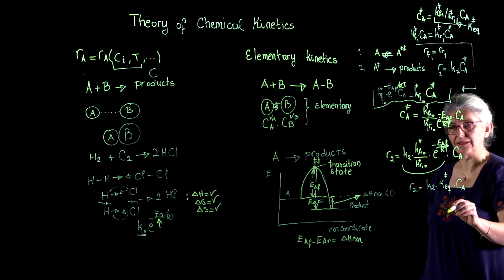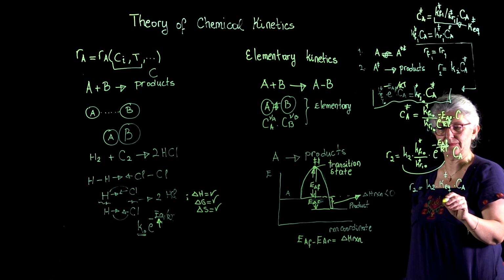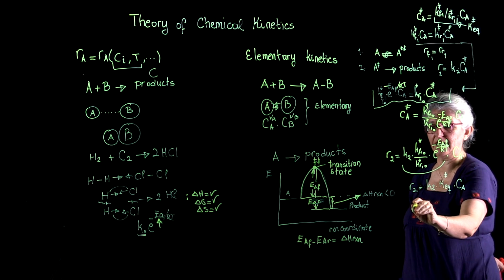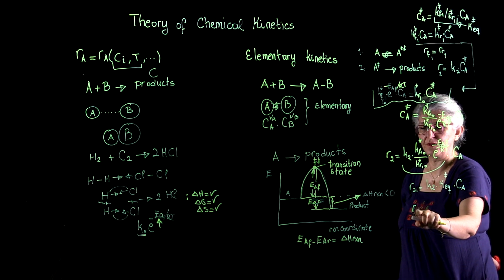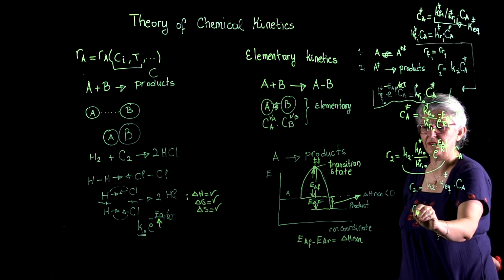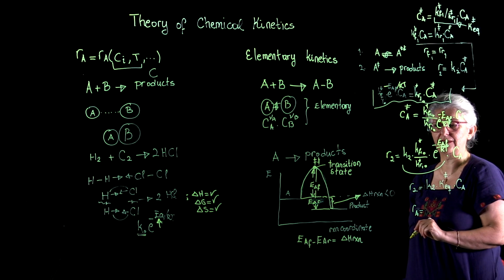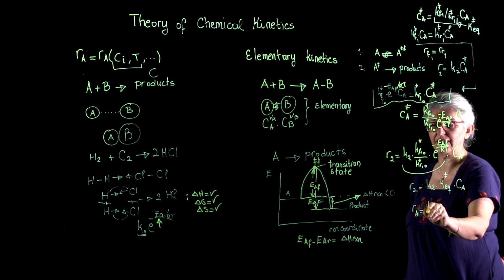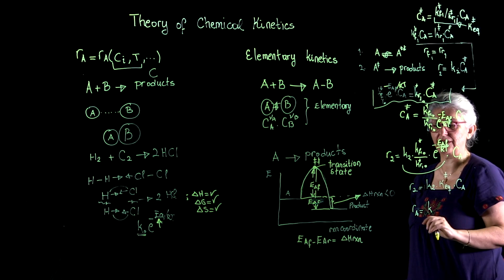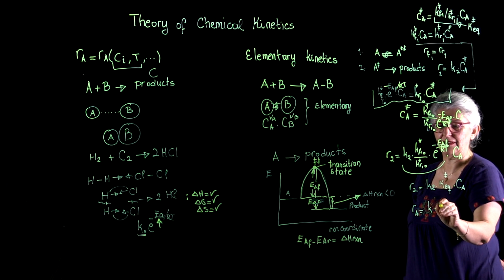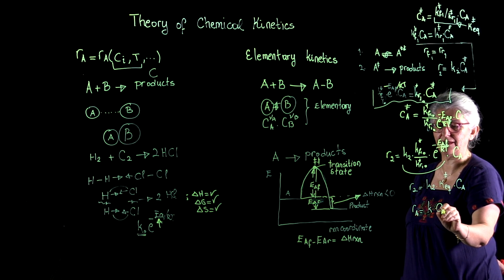So with that, I now have the rate of A going to the products represented in terms of a rate constant with some complexities in itself times Ca.